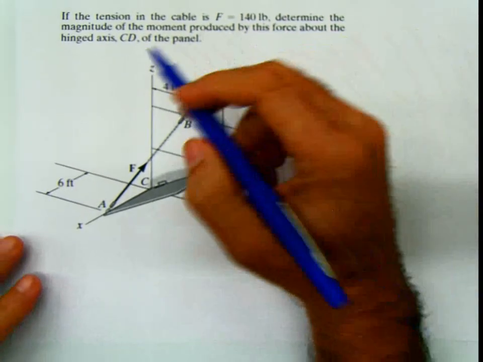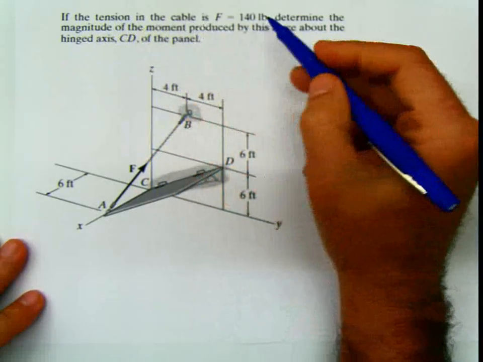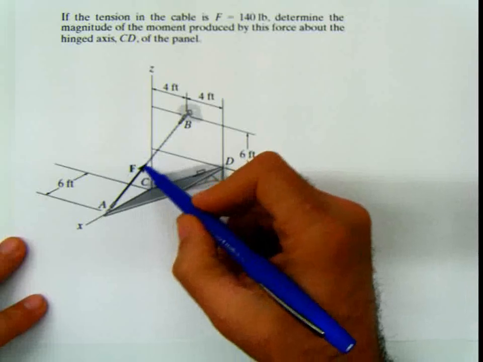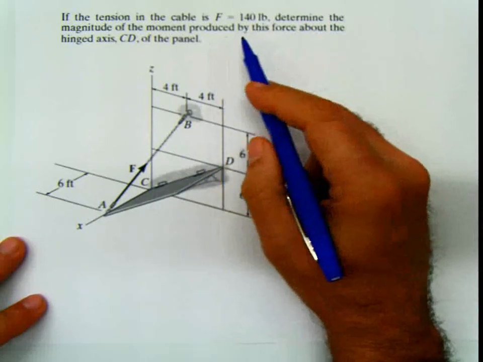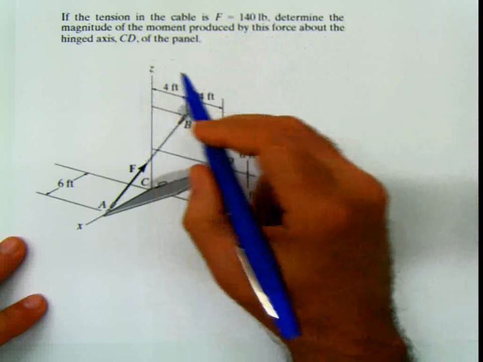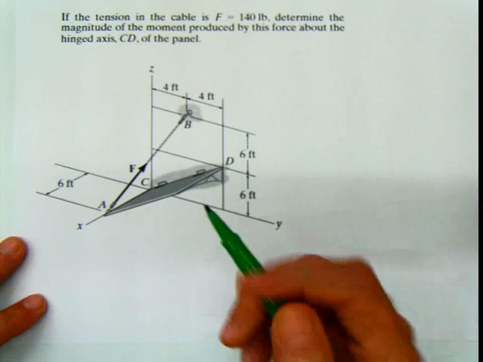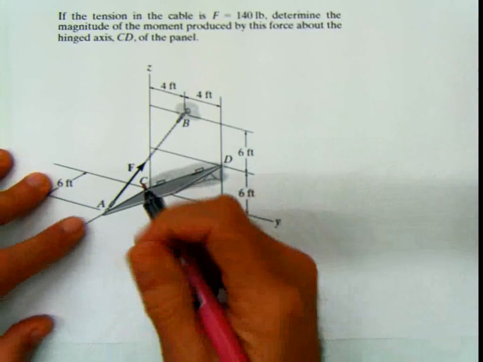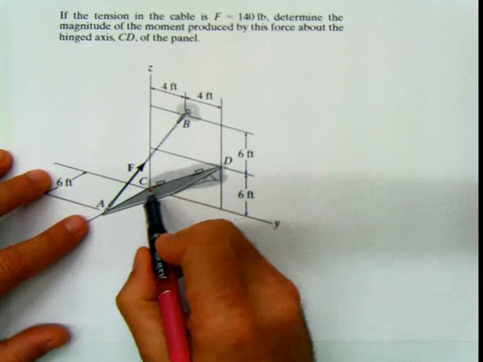The problem says, if the tension in the cable is F equal 140 pounds, so I know this F is 140 pounds, determine the magnitude of the moment produced by this force about the hinge axis CD. So basically, it's not the moment about the point now, it's a moment about an axis.